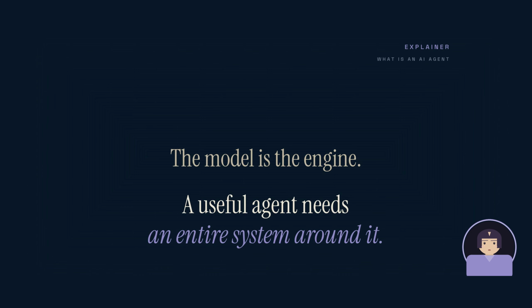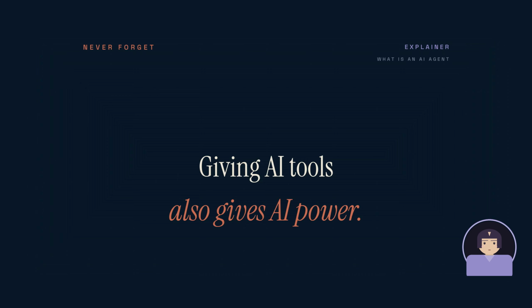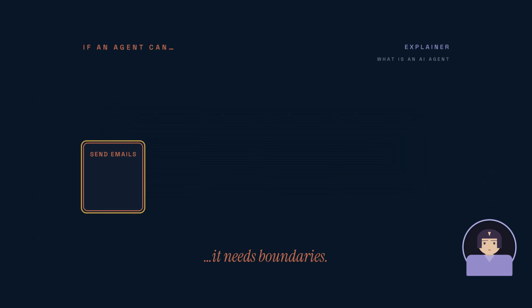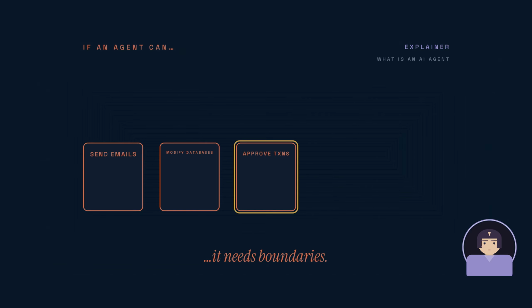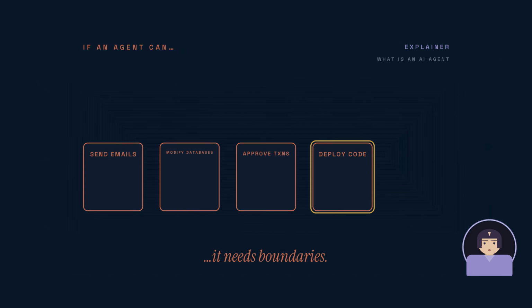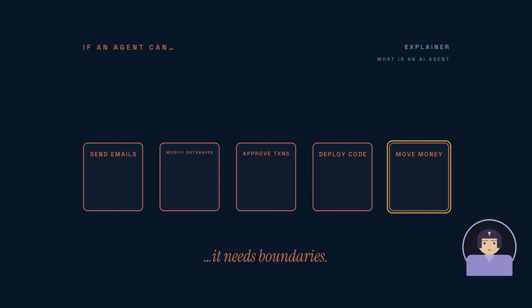And there is one thing we should never forget: giving AI tools also gives AI power. If an agent can send emails, modify databases, approve transactions, deploy code, or move money, it needs boundaries. It needs permissions, it needs approval steps, it needs observability.